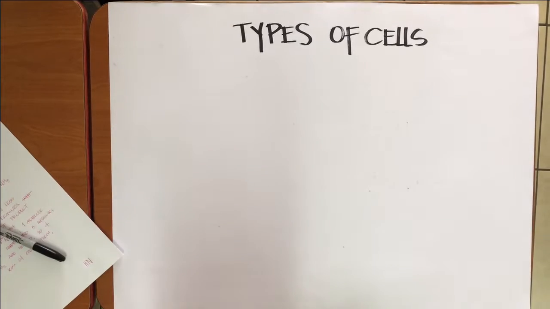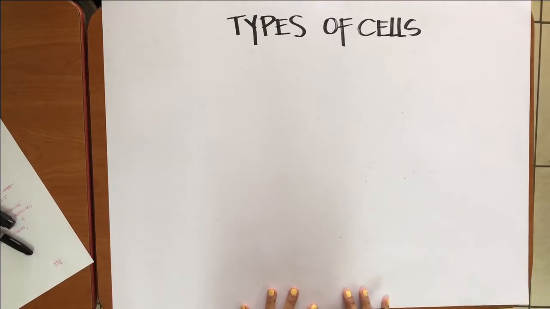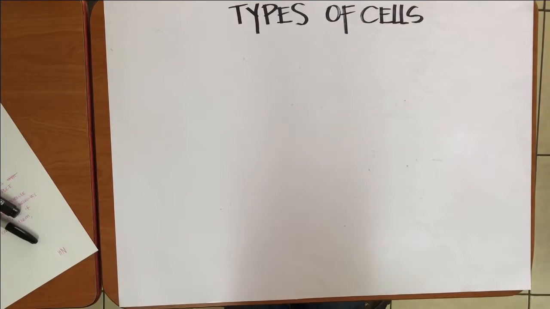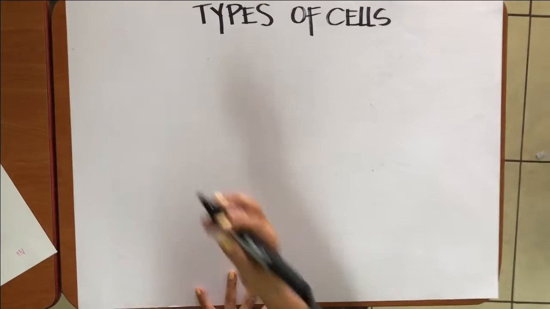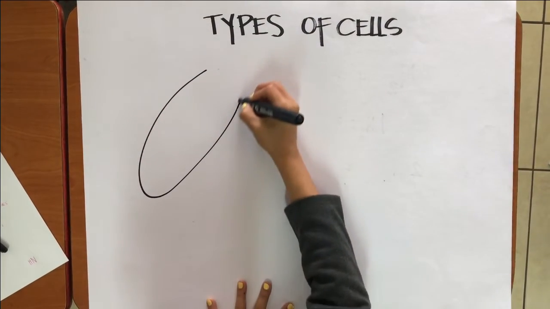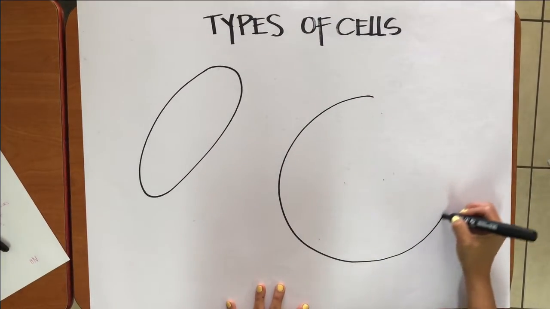Okay, today we're going to learn the types of cells that there are. There are two types. We can basically divide the living organisms into two types, whether they have simple cells or whether they have complex cells.